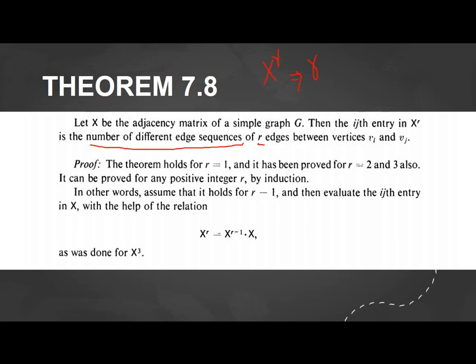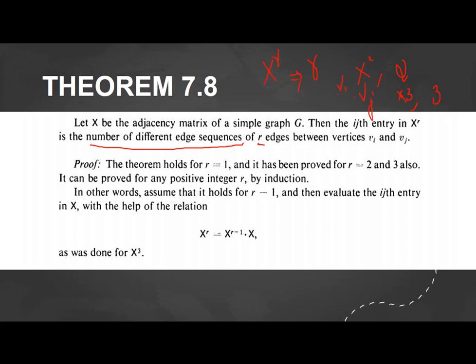R edges. When I took x square, I used to find the count of edge sequences with 2 edges. When I took x cube, as we saw earlier, we took the count of edge sequences with 3 edges, between vertices vi and vj, right?